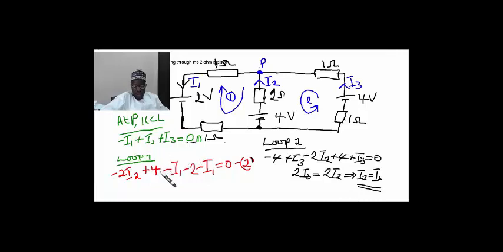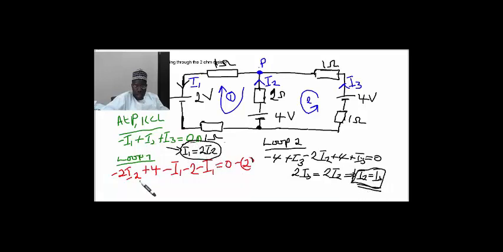Okay, we have this information, I2 equals I3, and let's come back to equation 1. If I2 equals I3, it means I1 is equal to twice I2 or twice I3. Okay, so let's keep this information aside. This equation told us that I2 equals I3.